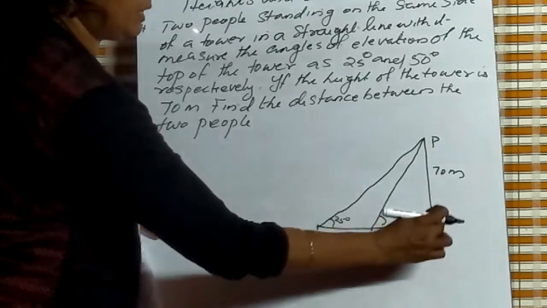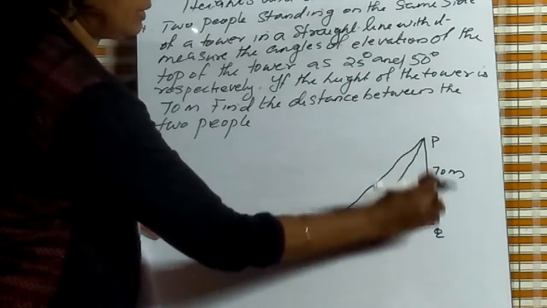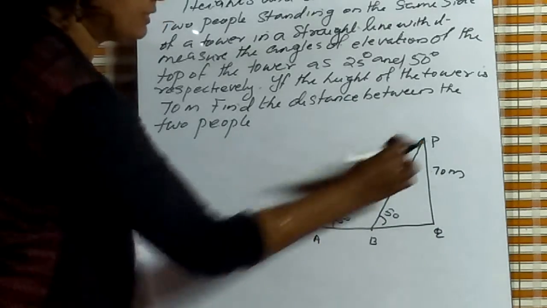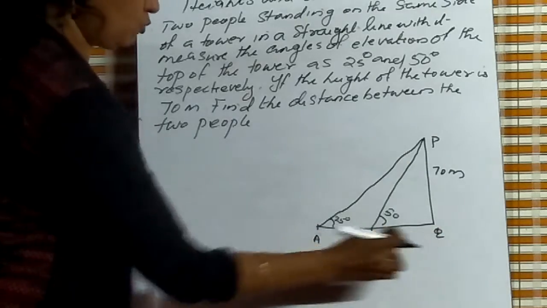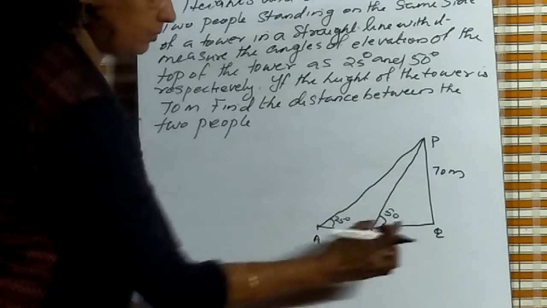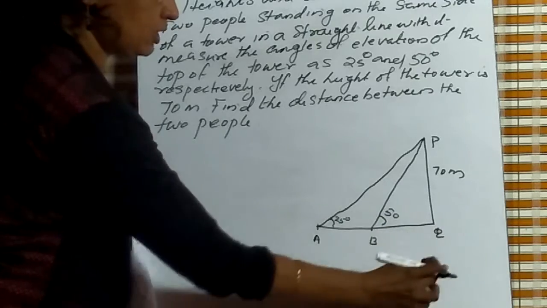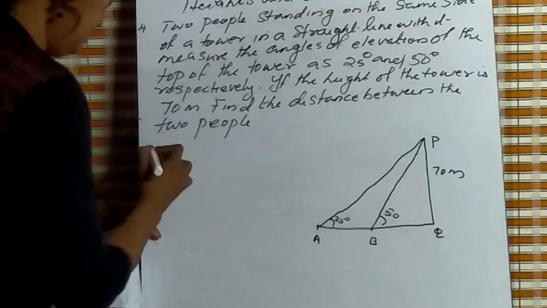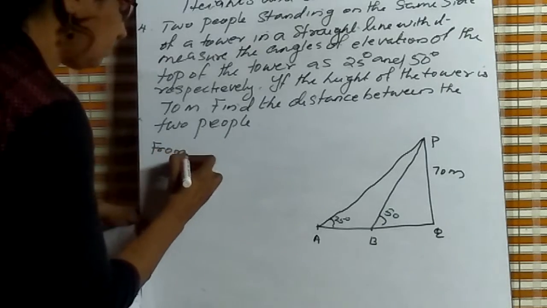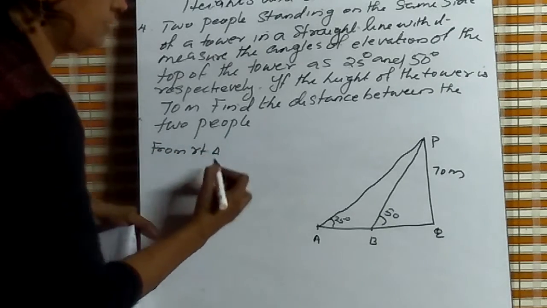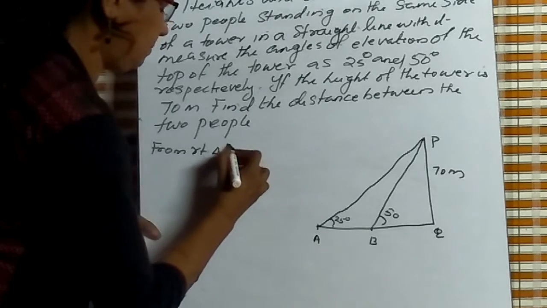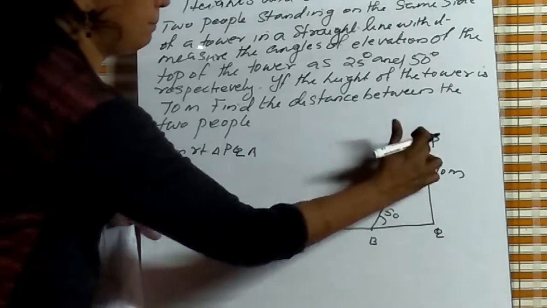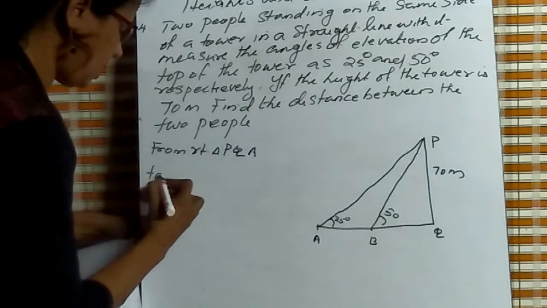For that, first we take the right triangle PQB and find BQ. Then we take the right triangle PQA and find AQ. Then AQ minus BQ is equal to AB. From right triangle PQA, what is tan 25?